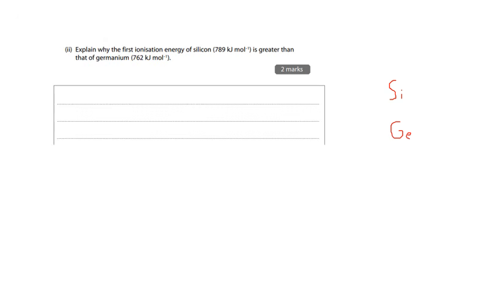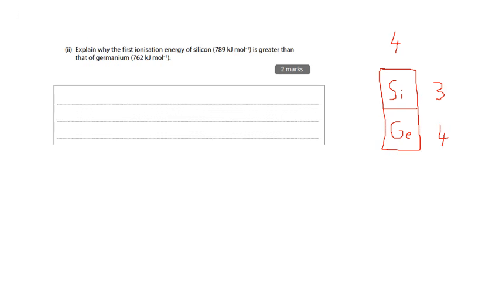Silicon is in period 3, and germanium is in period 4, and they are both in group 4. So that's where they are in the periodic table. They're in the same group, but basically germanium has an extra shell.